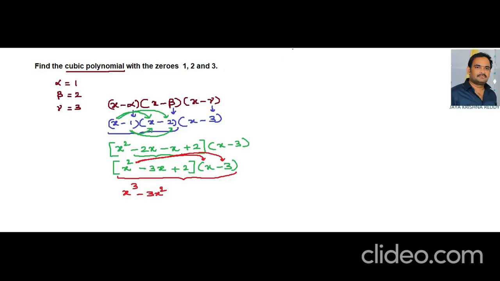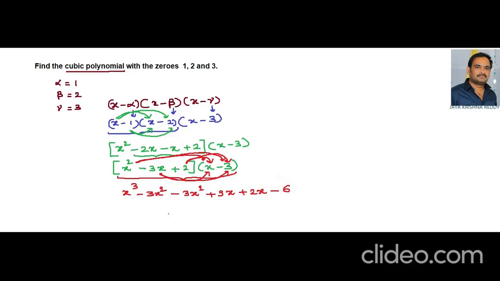Next, multiply this minus 3x with x, minus 3x into x, minus 3x square, and next minus 3x into minus 3, minus into minus is plus, 3x into 3, 9x. The next multiply plus 2 with x, it is plus 2x, and the next multiply plus 2 and minus 3, 2 into minus 3, it is minus 6.